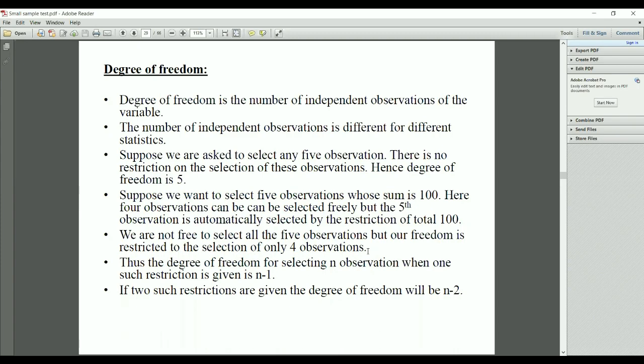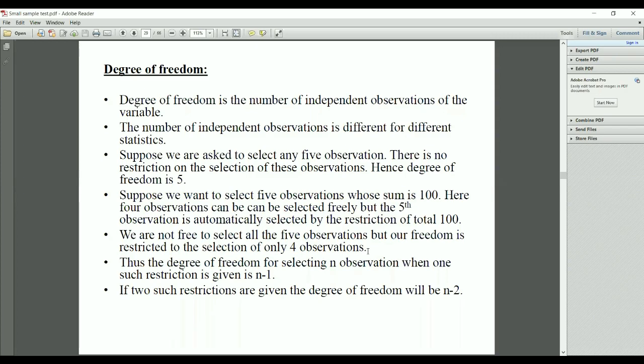If you see the standard error formula, we have already used the X bar. So when you are calculating from the sample, our n becomes n minus 1, because we have already used 1 degree of freedom for calculating X bar. We are not free to select all 5 observations, but only 4.